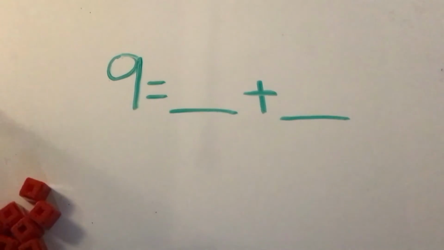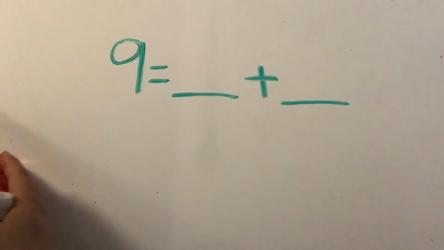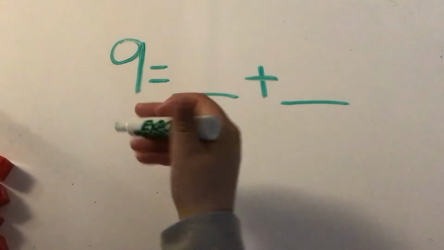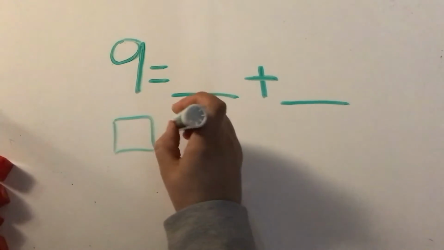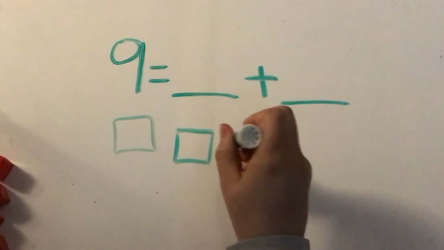We've learned many ways to make 9, so my way might be different than yours, and that's okay. So I've decided that there are 7 large blocks. So I'm going to draw my 7 large blocks.